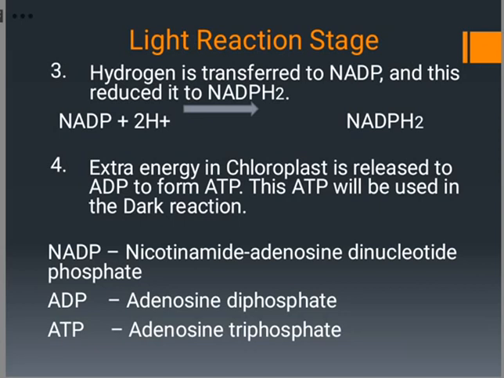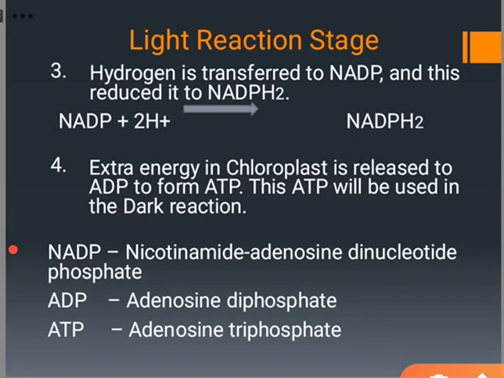The full meaning of NADP is nicotinamide adenosine dinucleotide phosphate. And this nicotinamide adenosine dinucleotide phosphate receives hydrogen ion, and it is reduced to NADPH2.